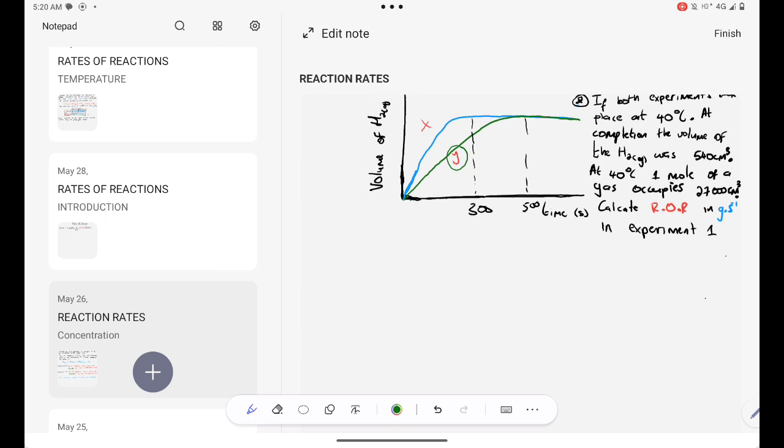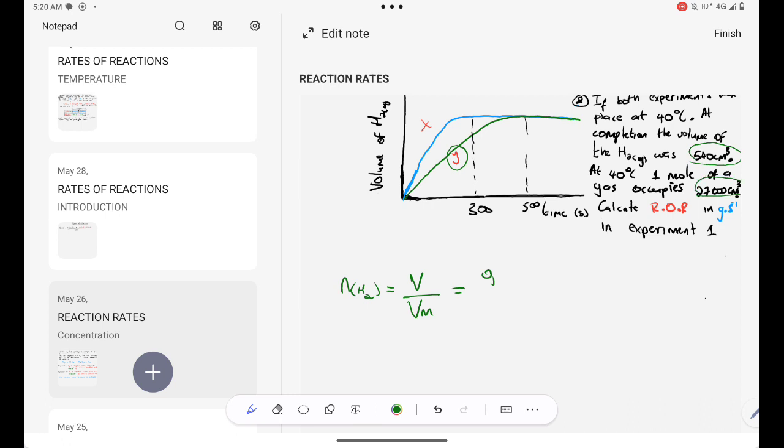Okay, I'm given the volume of a gas that was collected, right? I can simply find the number of moles of my hydrogen gas. The number of moles is equal to the actual volume of the hydrogen divided by the molar volume of a gas. Please make sure, guys, that whenever you use this equation, your volume is always in cubic decimeters.